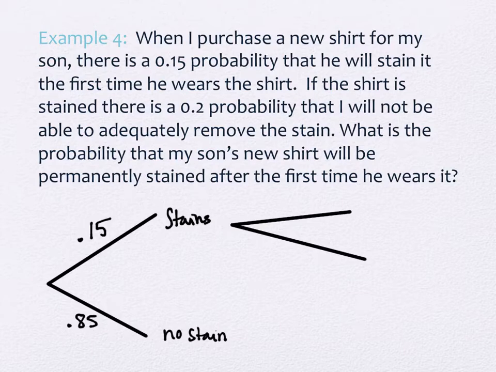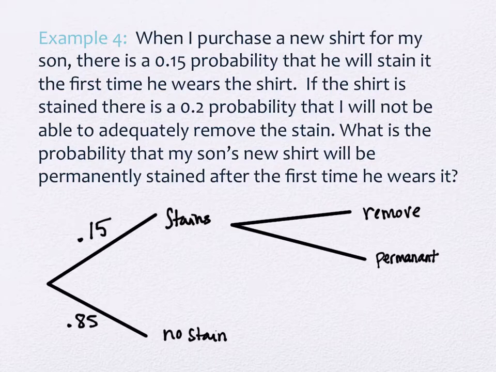After the shirt's stained, it's going to get laundered. If there's no stain, there's nothing to do. But if there's a stain, then I have to scrub the shirt, right? So I've got to try and remove the stain, and I might be successful, or it might be permanently stained. Or you could say it's not removable or something like that.